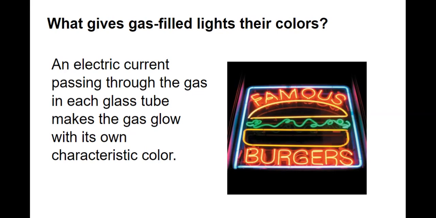And by looking at those specific spectra of colors, scientists can determine what an element is. In these signs, all those tubes are filled with different gases, which is why sometimes they're called neon signs because neon is one of the gases that is used. However, it's not the only gas because each different gas element glows with a different color when it's given energy.